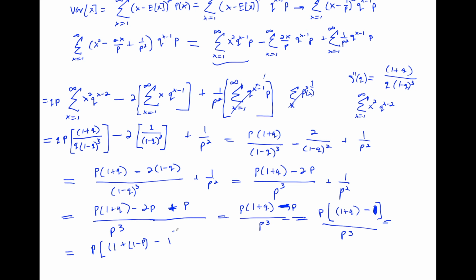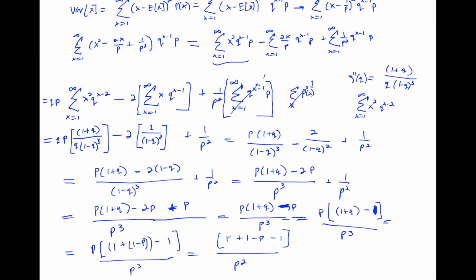That's going to be our numerator. Okay, and our denominator is still p cubed. Okay, so now we factor out p in the numerator, p in the denominator. So that's 1 plus 1 minus p minus 1 over p squared.